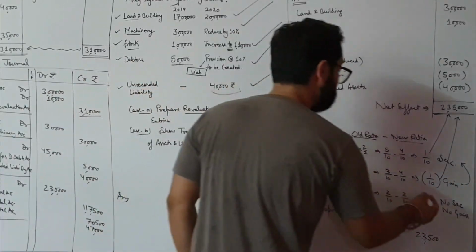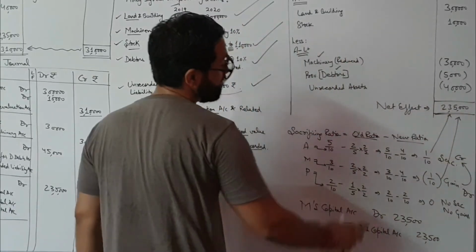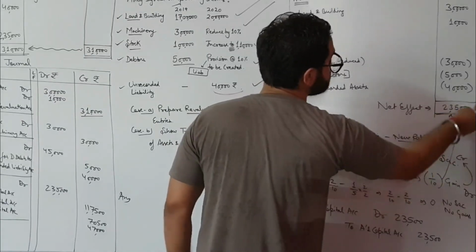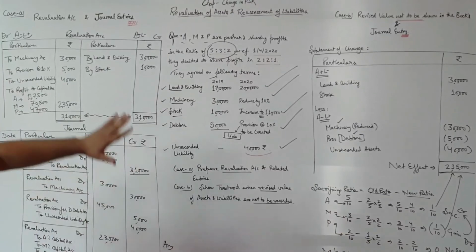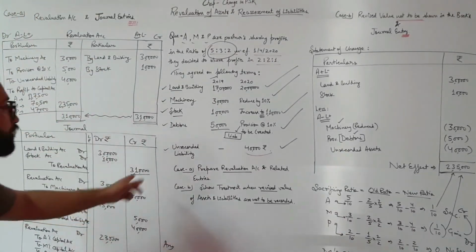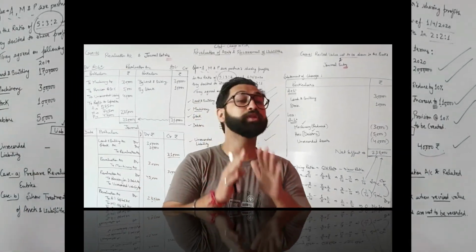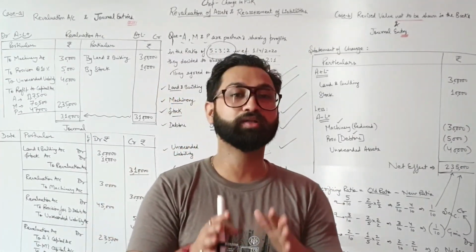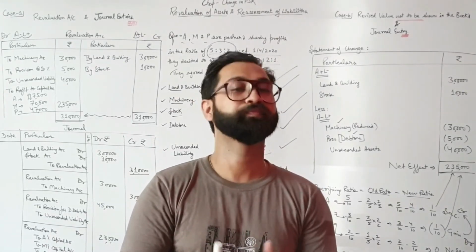The gaining partner will be debited and the sacrificing partner will be credited, and the amount will be 1/10 of 2,35,000, which gives 23,500. Now in that case the solution will be this. Now this topic is same in each and every chapter, so I will not make another video for the same concept. Okay class, thank you.